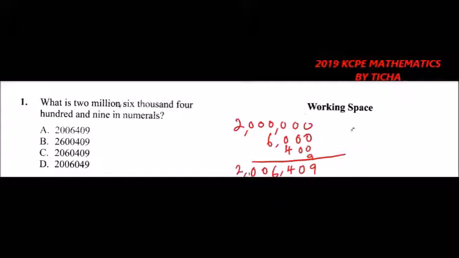So that means this is 2, 0, 0, 6, 4, 0, 9. And you can put your comma there. So if you check from the answers, this is the correct answer. That is the correct answer.